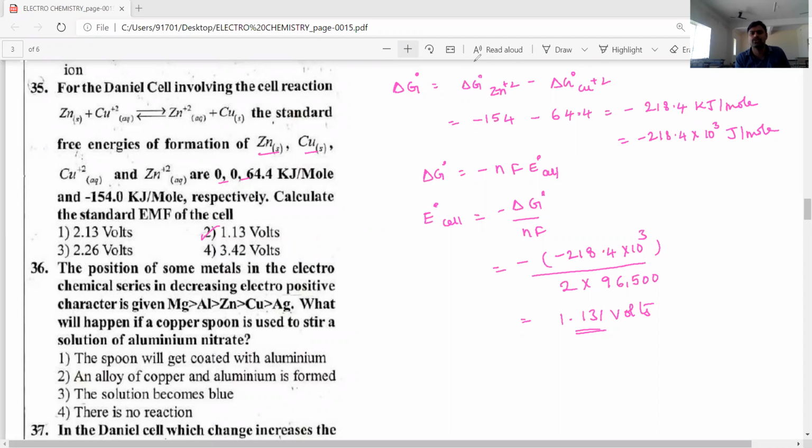The standard free energy changes of solids are 0, and in the chemical reaction delta G is delta G of products minus delta G of reactants, which means Zn2 plus minus copper 2 plus. Then the delta G value we must convert into joules, not kilojoules, and then the resultant value comes in volts. Okay, let's see the next question.